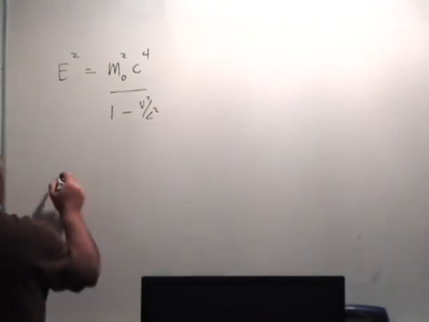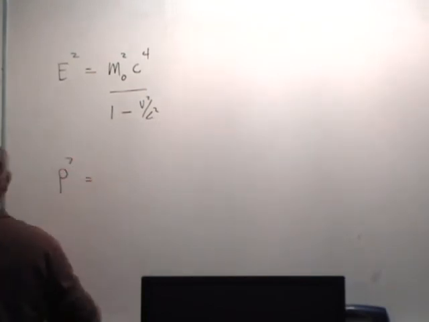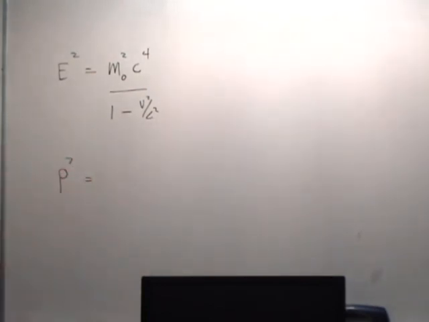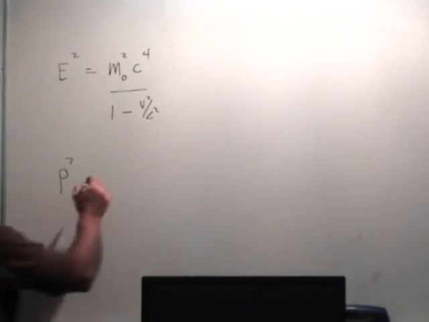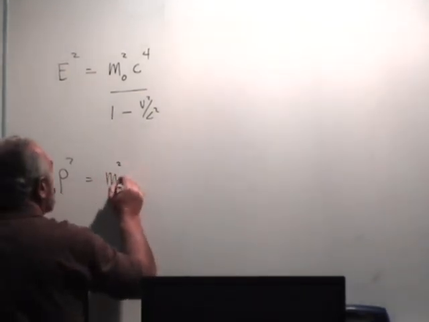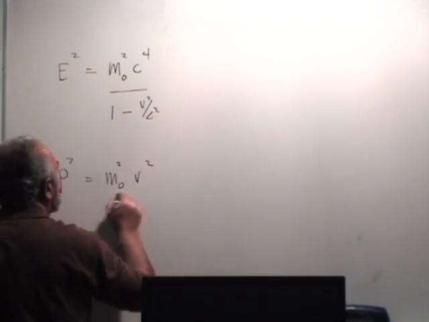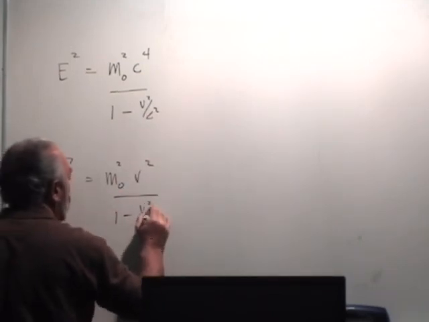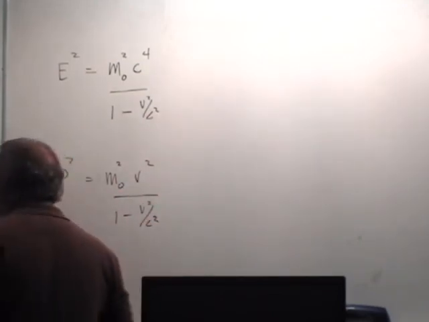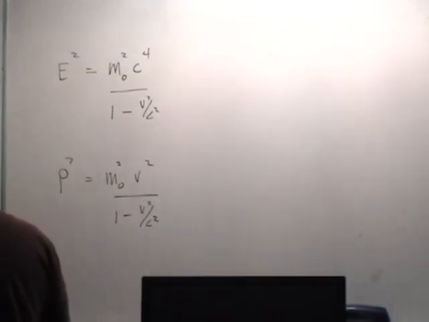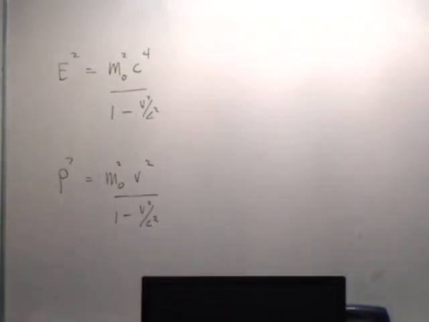And what about p squared? p squared equals this creature here squared, which is m naught squared v squared over the same thing, 1 minus v squared over c squared. Well, that's lovely. But who cares?